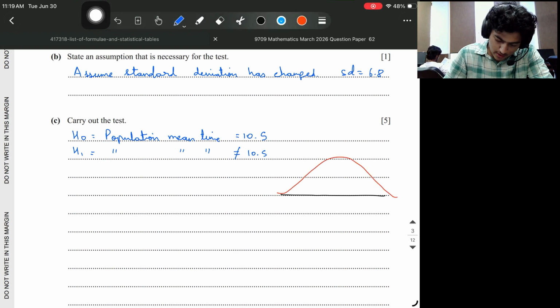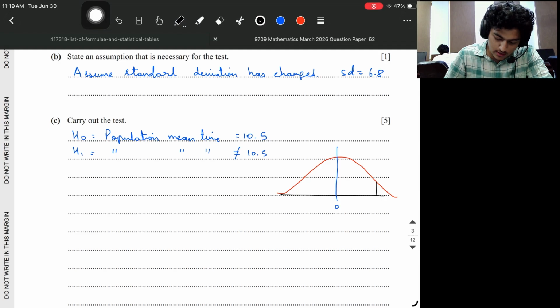But first we need to make sure what our boundary is, right? If we look at the boundary, they're asking for 10%, which in this case would be 0.9 for positive. Let's find out what is the positive value for the z value, right? So if this would be 0.1 or 10%, we need to find out the z value for 0.9.